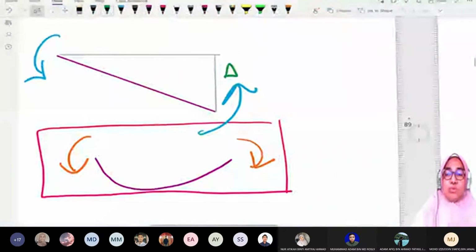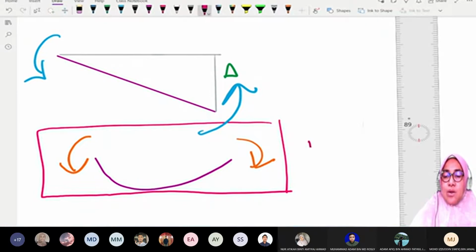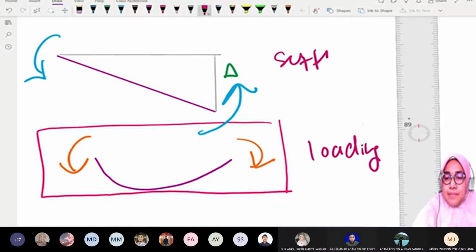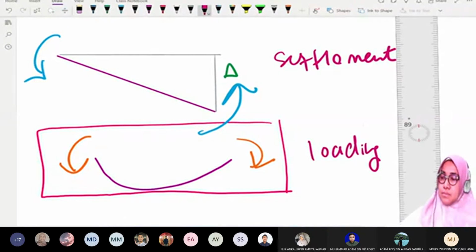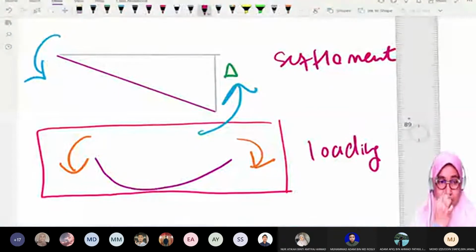This one is due to loading, and this one is settlement. What's the difference between these two? Can anybody answer?